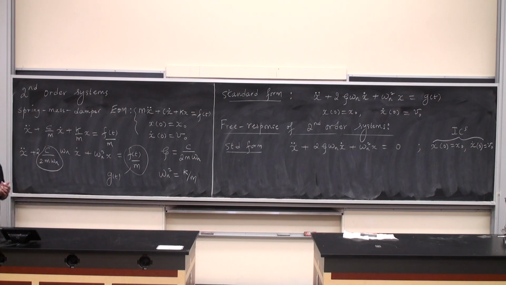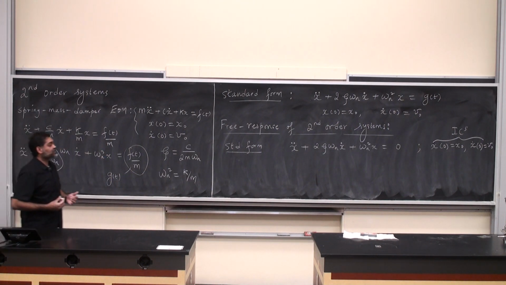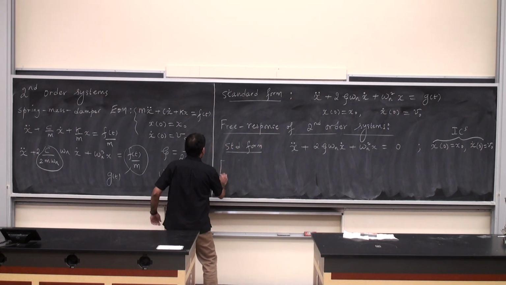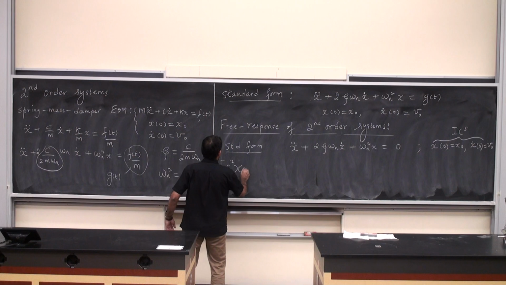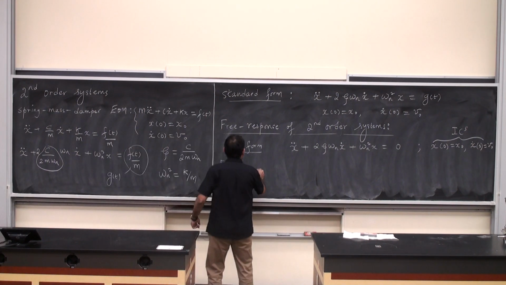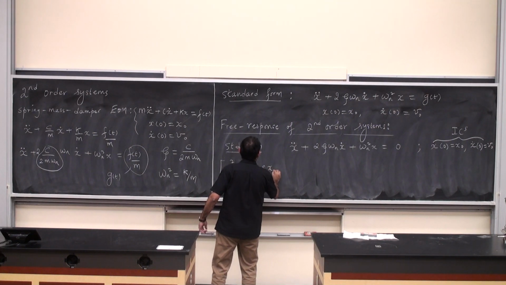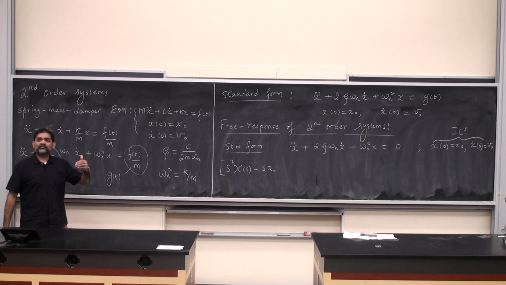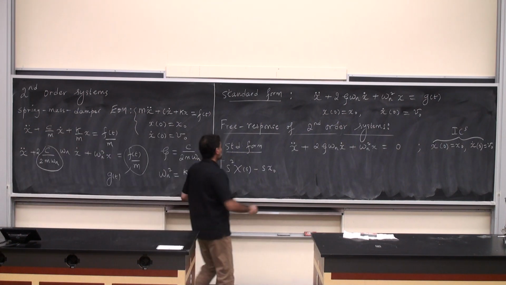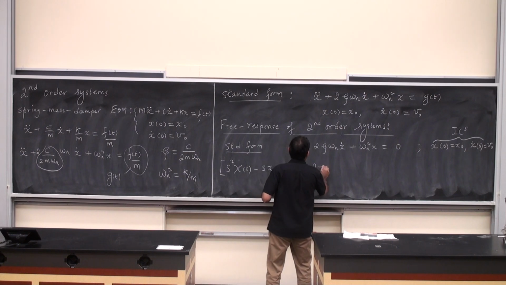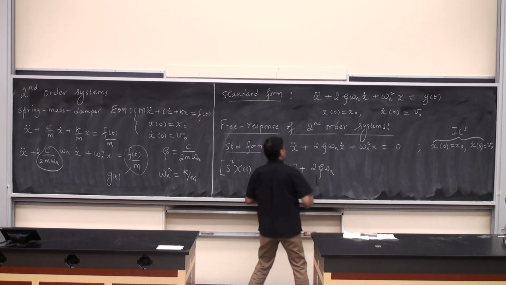That's an initial condition. Okay, so I take the Laplace on both sides, and x double dot Laplace of that is the following: s square X(s) minus s times x of 0, which is x naught, minus x dot of 0, which is v naught, plus 2 zeta omega n.